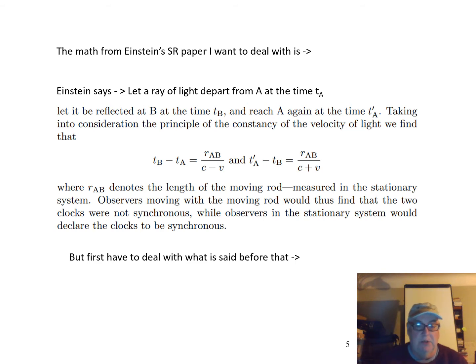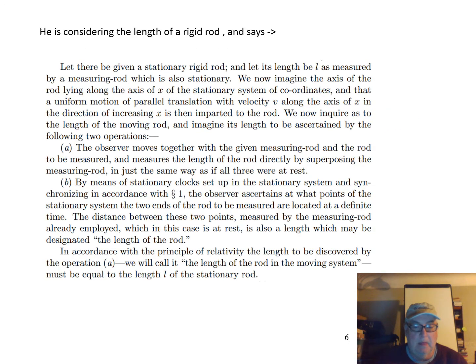But first we want to deal with what is said before that equation. Einstein is considering the length of a rigid rod, and says all these things here. I don't want to read it out too much, but basically he has a rigid rod and he's considering light going from one end of the rod to the other.